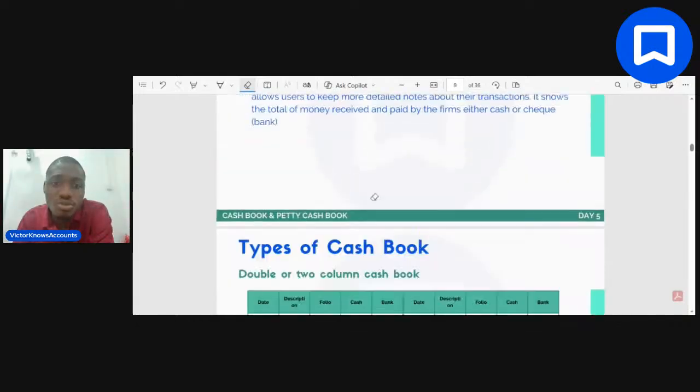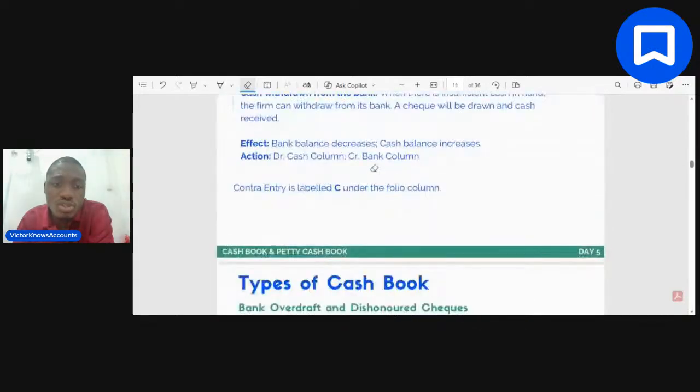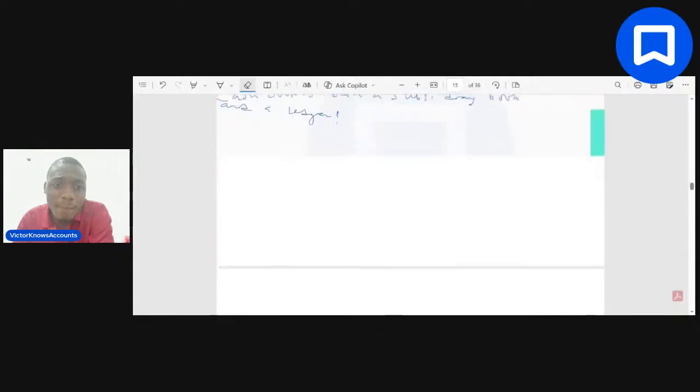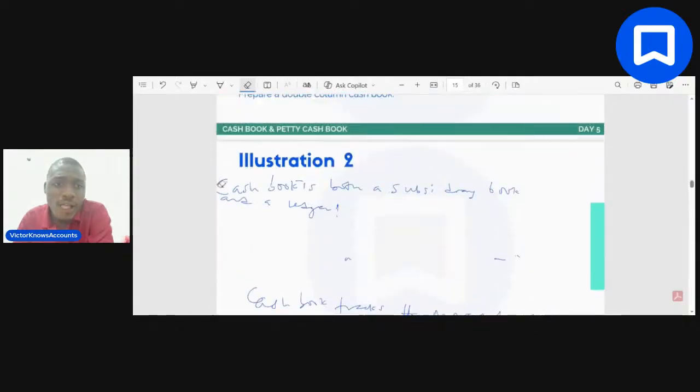Now, because your cash book also serves as a ledger. Sorry, let me erase this.